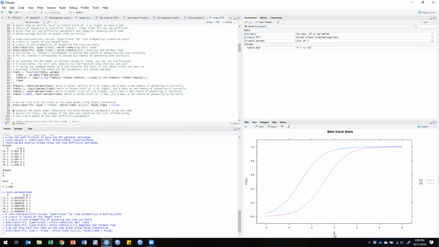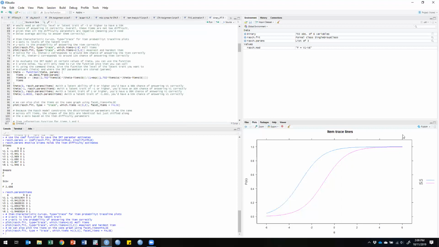Notice when you're at an ability level of about average here, you have, what would that be, about a 70% chance of getting question 5 correctly, and about 95% chance or something of getting question 3 correctly.